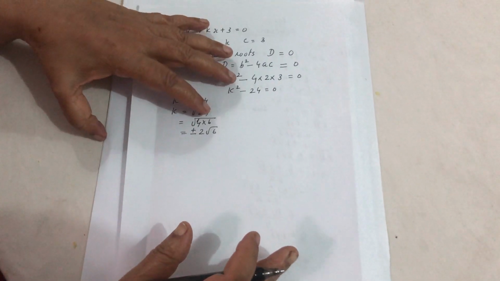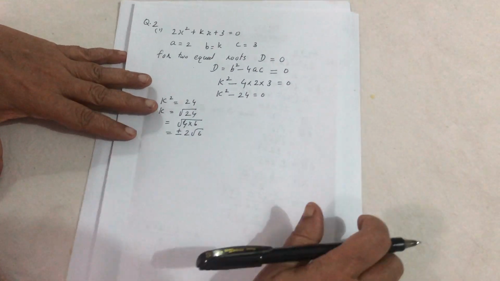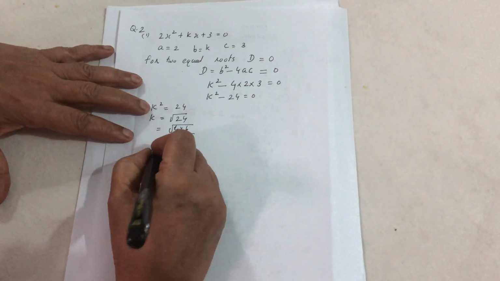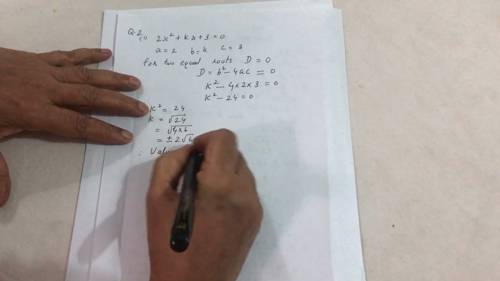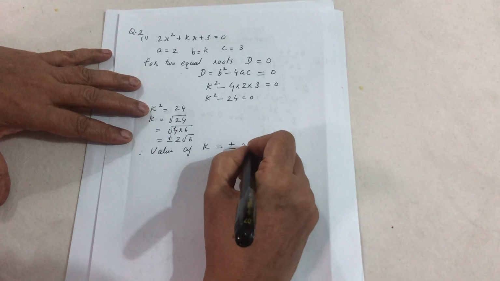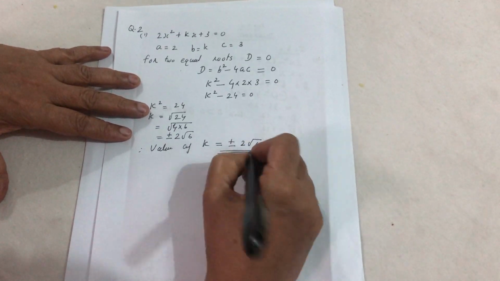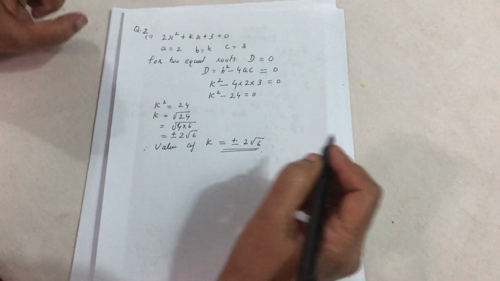Therefore, what you should write down? The value of k is plus or minus 2 root 6. Then only the equation has equal roots.